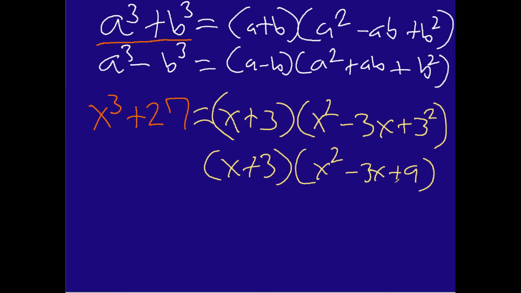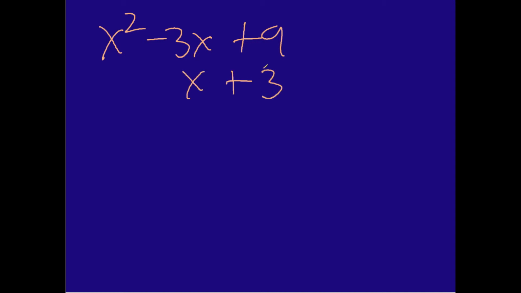Now, we can check to make sure that this is working properly by doing some polynomial multiplication. So I'll do that on the next screen. This is what we have. I have my first part of my answer, x squared minus 3x plus 9, and below that I have x plus 3. This was my final answer, but what I'm going to do now is multiply to make sure I got the correct answer.